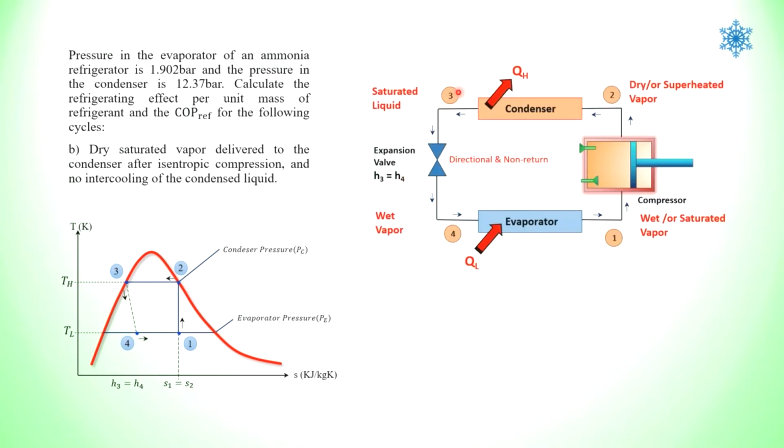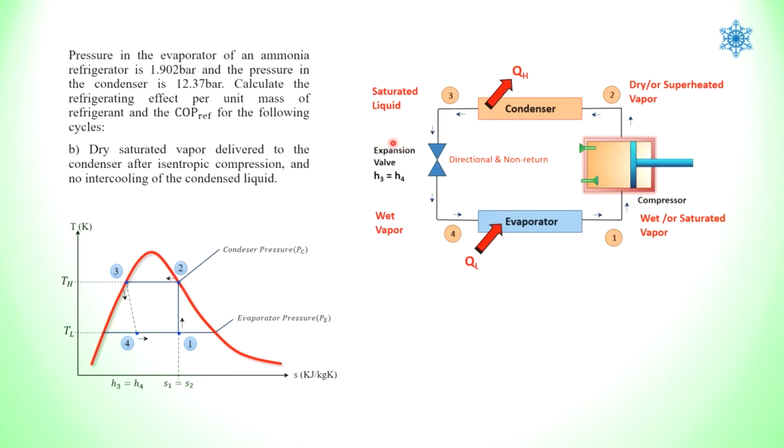So the schematic diagram has also been changed. Instead of using a turbine, now we are using an expansion valve, which is a directional valve, one direction. There is no reverse flow.